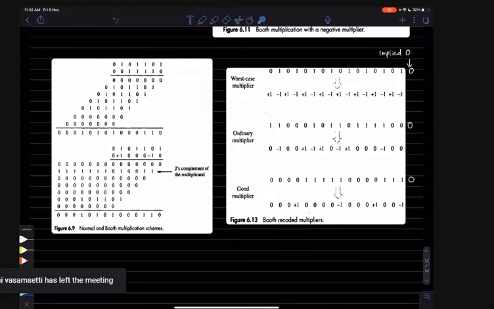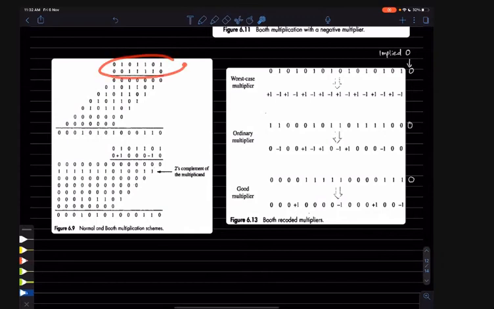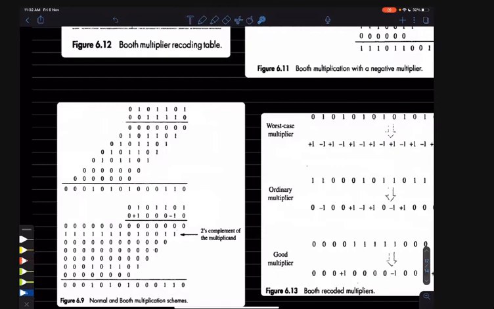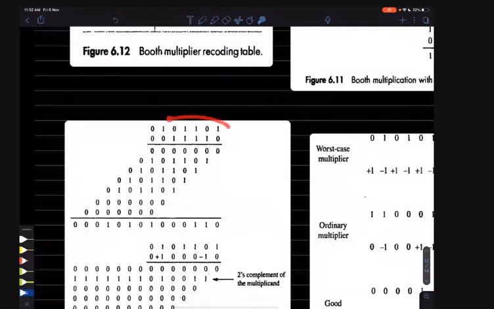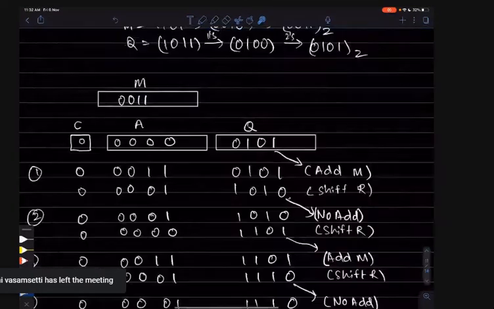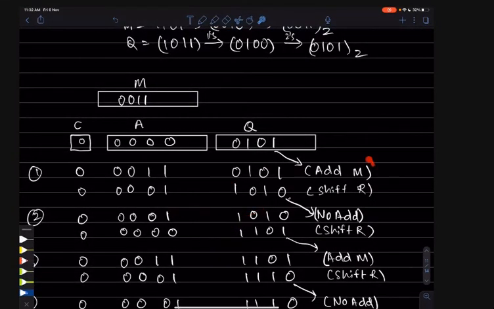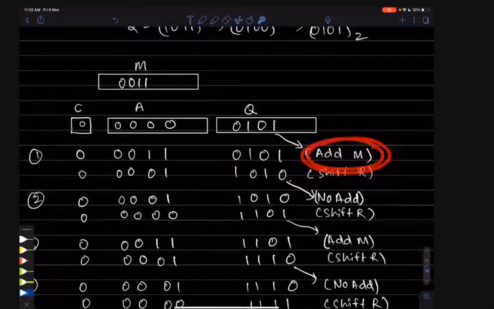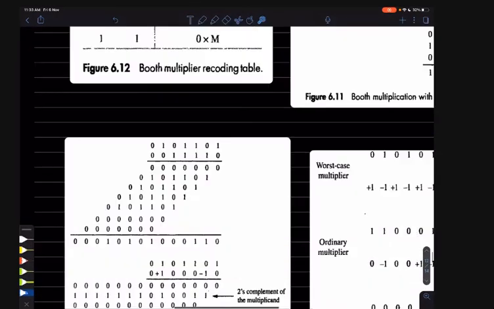Whenever we do sequential multiplication using the previous method, how many addition operations do we have to do for multiplying these two numbers?